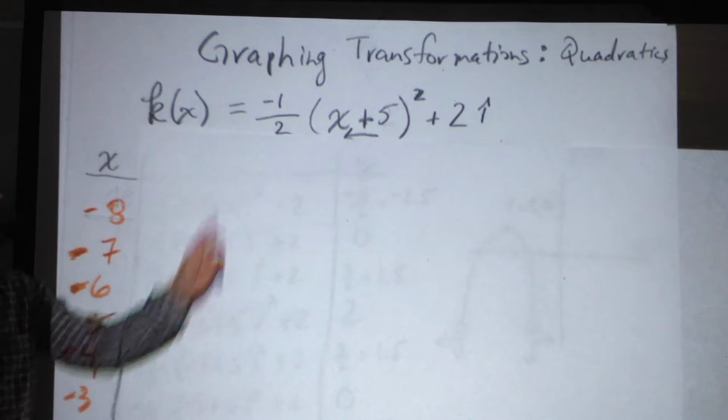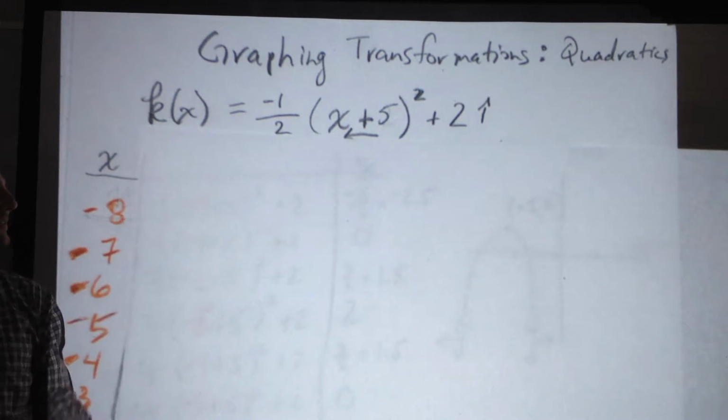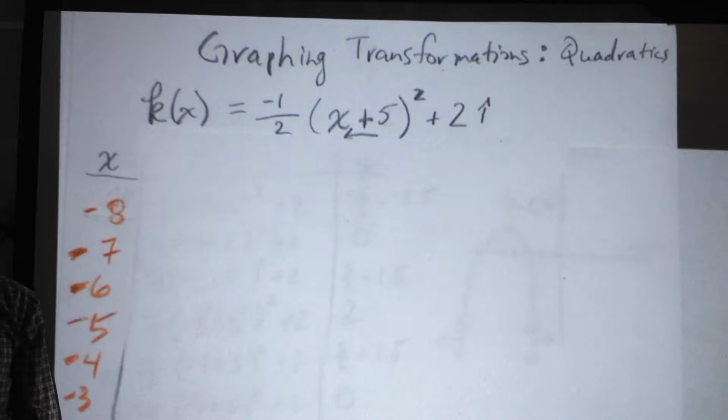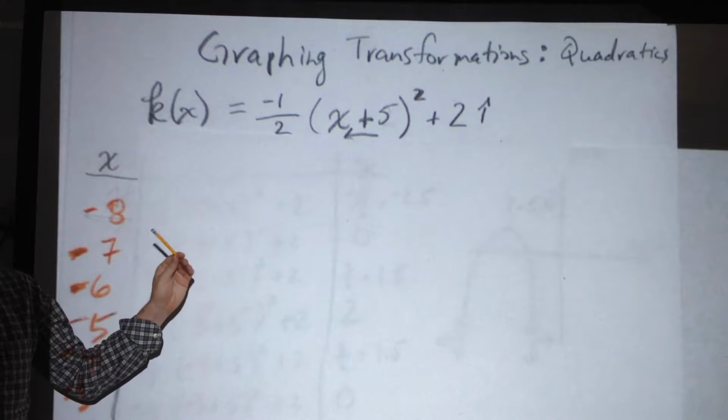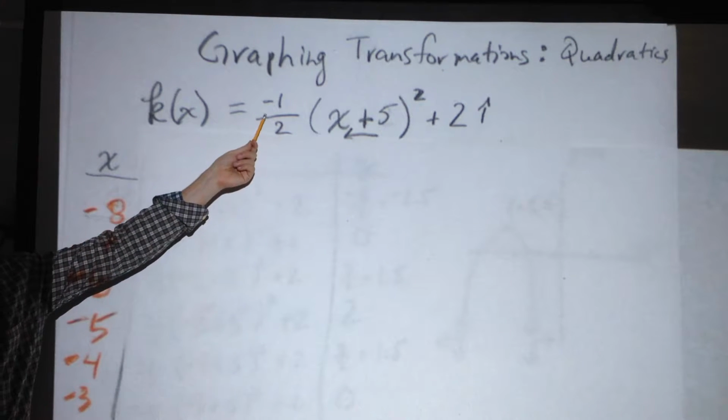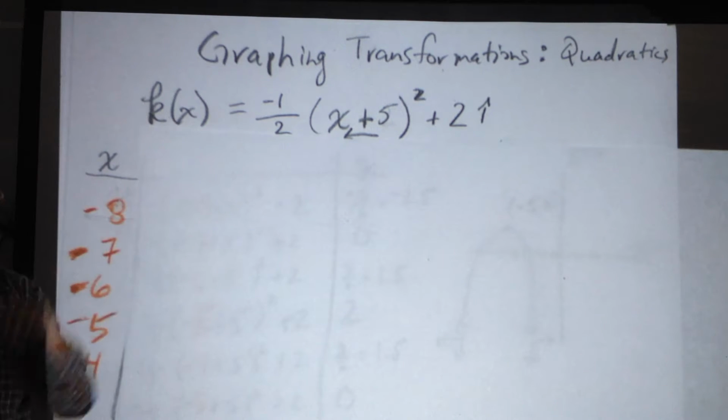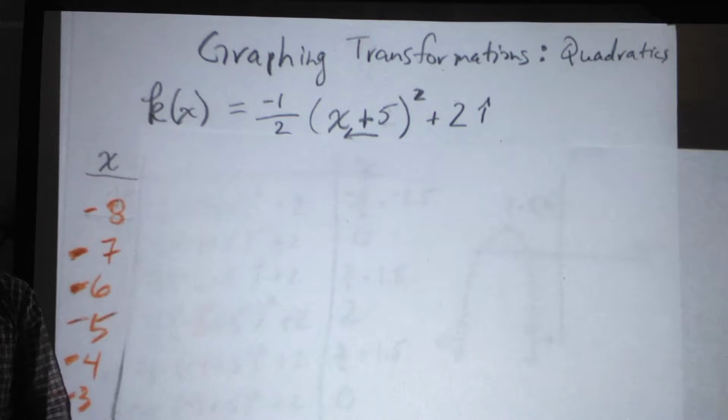Furthermore, we see that the a value is negative, which means that the quadratic will be reflected over the x-axis. And we also see that because the a value has its absolute value less than 1, that is to say it is a fraction either less than +1 or greater than -1.